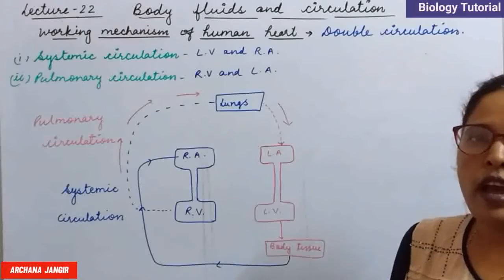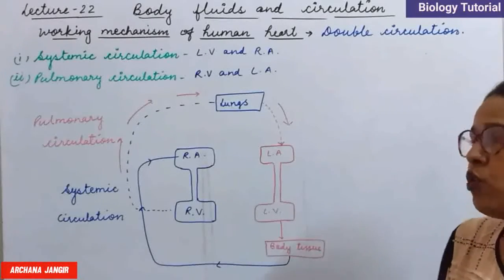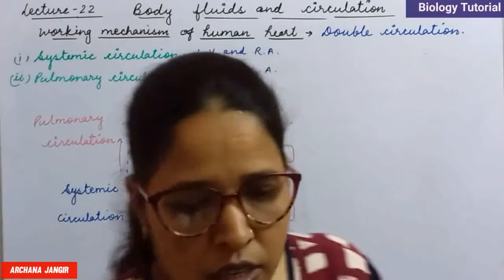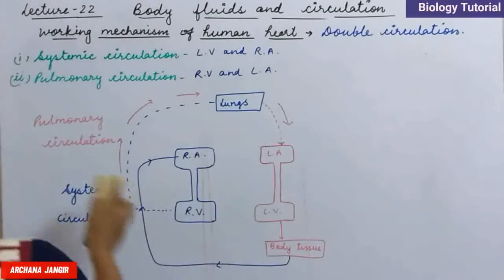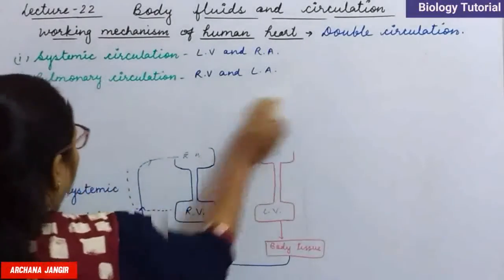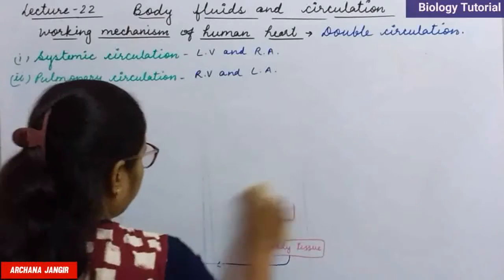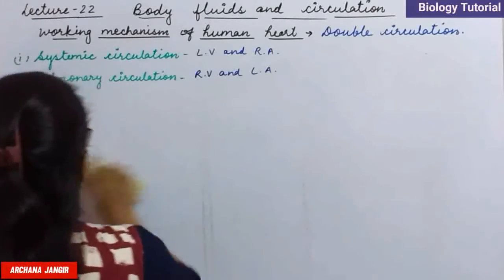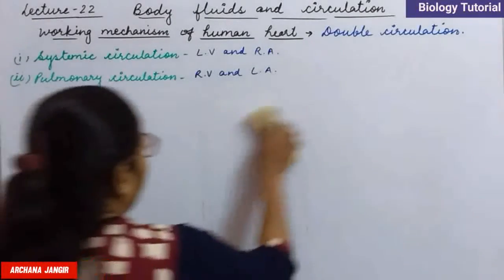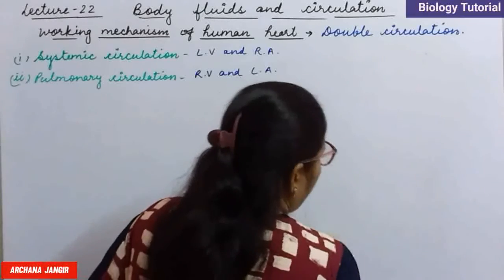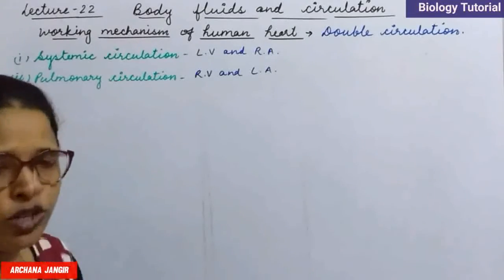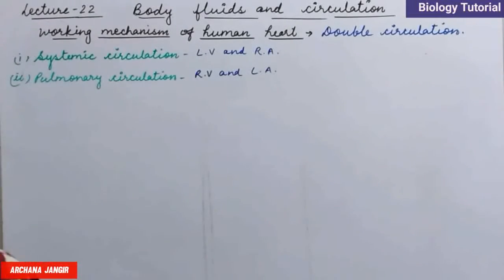Now we have to understand the process with the help of a flow chart. So here I am drawing a flow chart. फ्लो चार्ट हम देख लेते हैं, उसके बाद diagrammatic representation से हम अच्छे से double circulation को clear देखेंगे. ठीक है?